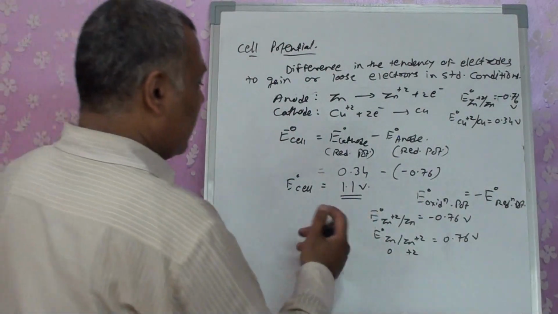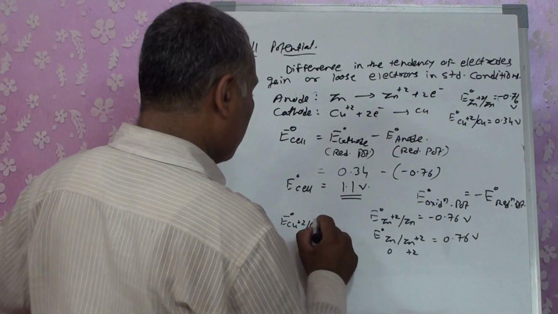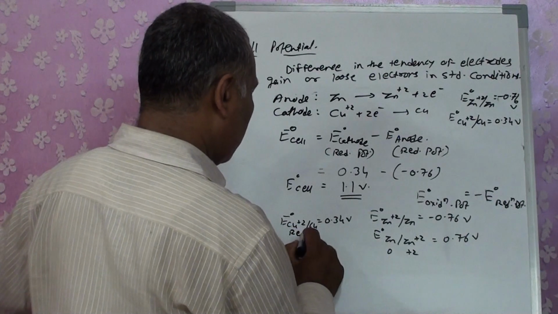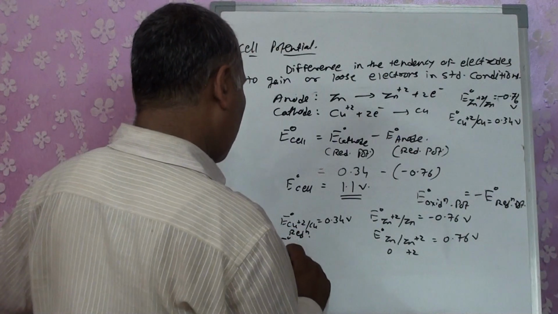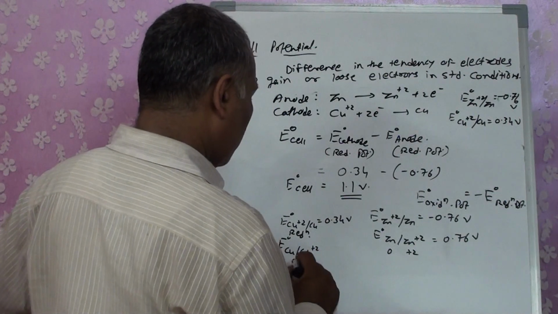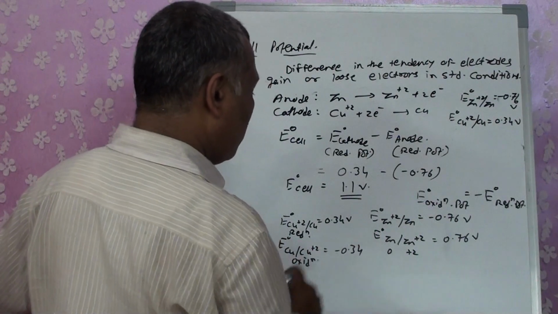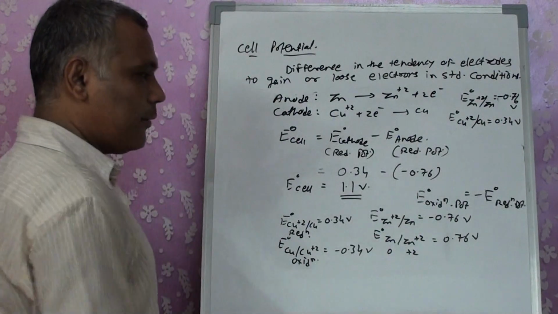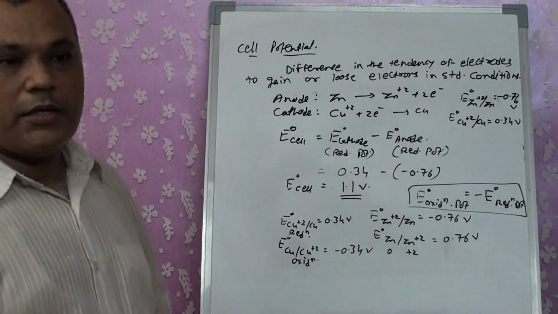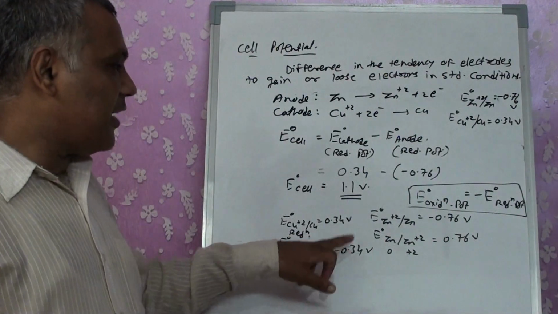Right? Similarly, E naught of Cu plus 2 Cu was 0.34 volt, which was a reduction potential. If I want to convert it into oxidation potential, that is Cu to Cu plus 2, its potential will become minus 0.34 volt. That means E of oxidation is equal to minus E of reduction. So only the potential sign will be changed.